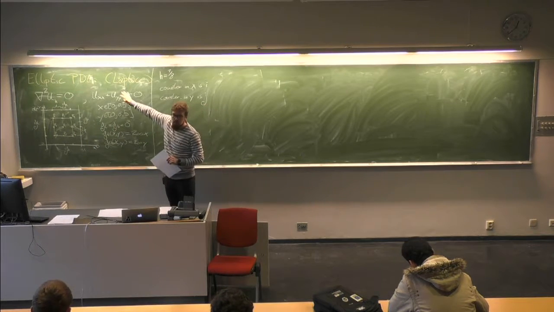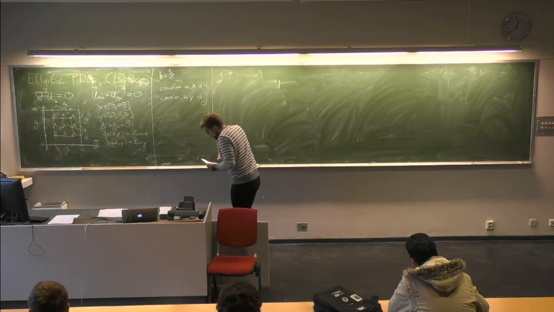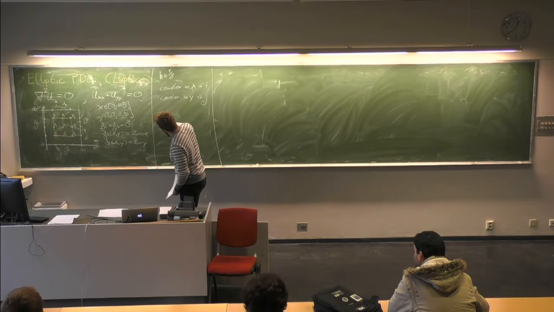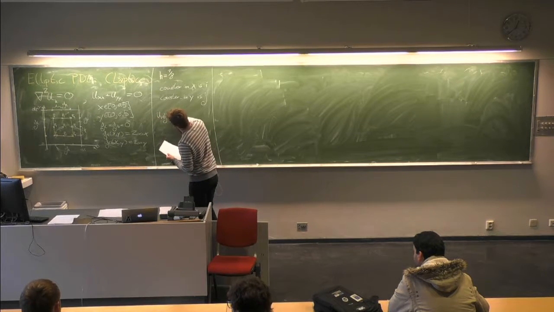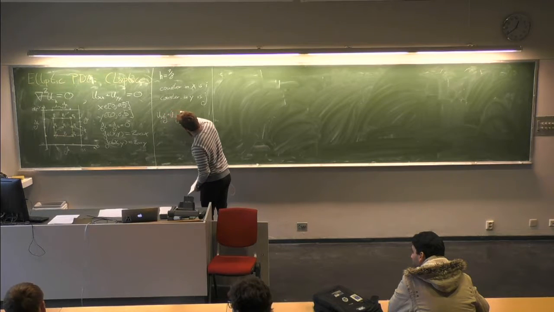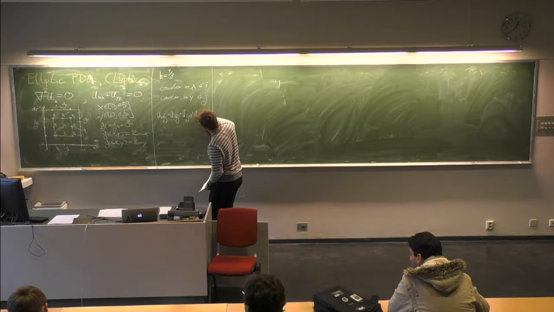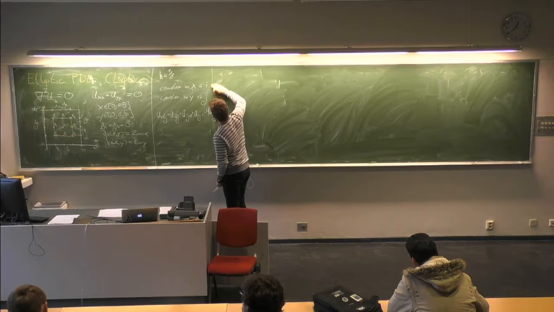Okay, so then we have to figure out the discretized version of this. Last time it was phi i+1,j plus phi i-1,j plus phi i,j+1 plus phi i,j-1 minus 4 phi i,j equals 0.